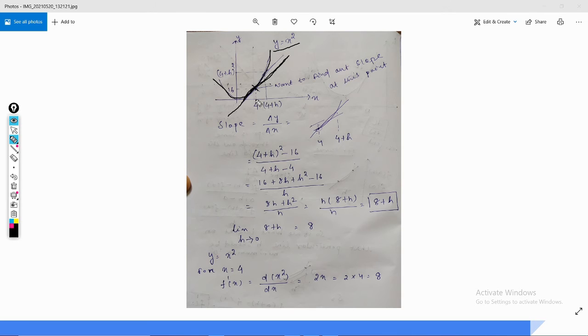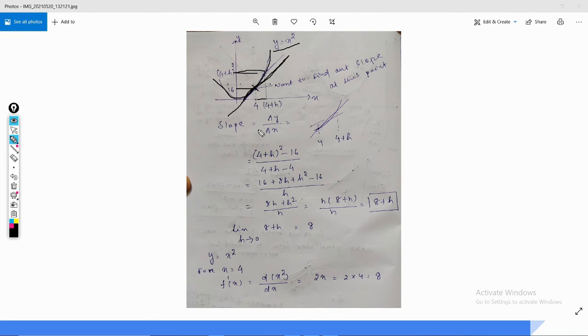This is nothing but 4, and this is some distance h from 4, so 4 plus h. For this function, the y value at 4 is 4 square, which is 16. And for this other point, 4 plus h, it will give you (4 plus h) square.